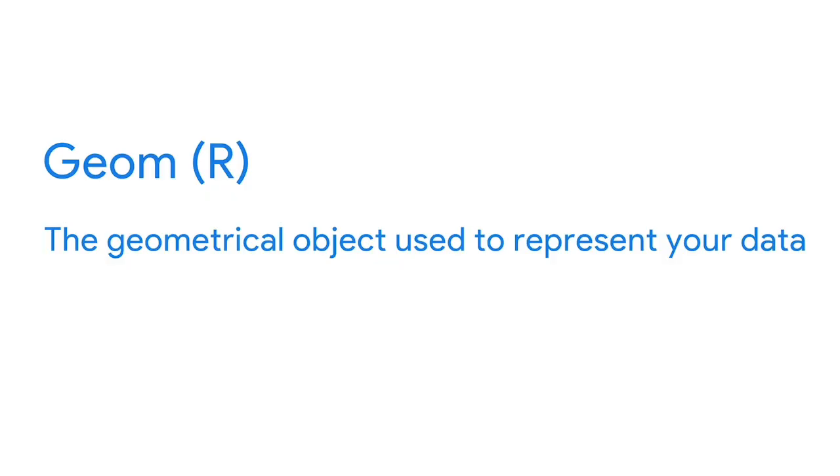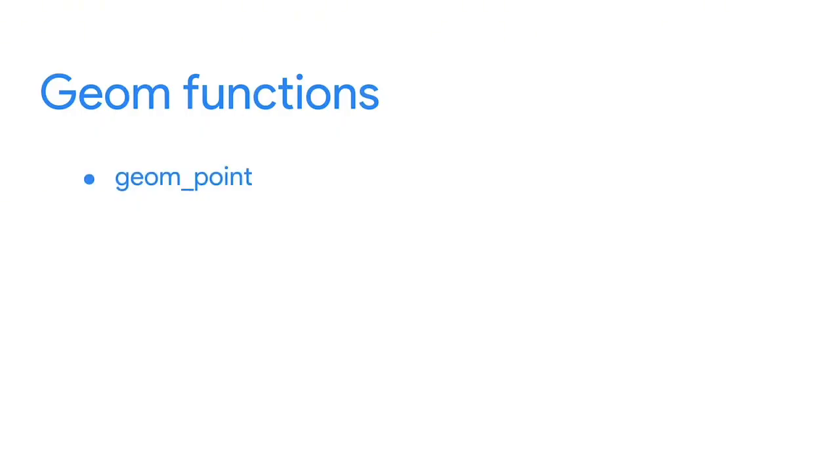In ggplot2, a geom is the geometrical object used to represent your data. Geoms include points, bars, lines, and more. The geom_point function uses points to create scatter plots. The geom_bar function uses bars to create bar charts, and so on.